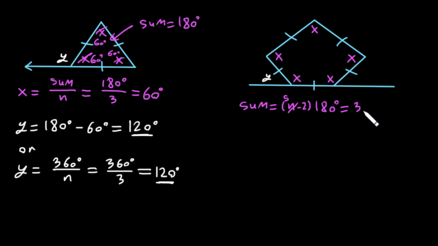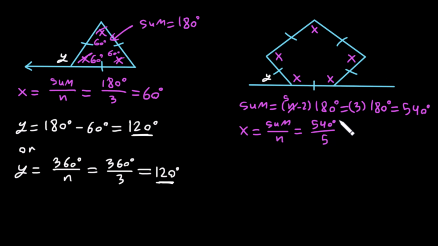So 3 multiplied by 180 degrees is 540 degrees. To find this x, we divide it by 5. So x equals sum divided by n, sum equals 540, and n equals 5 because it has 5 sides.